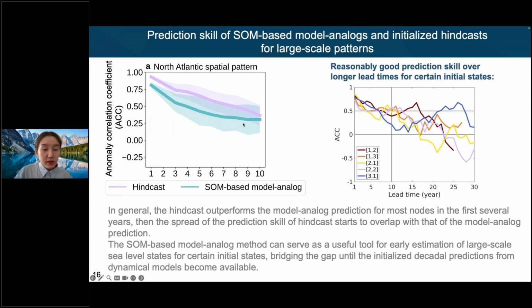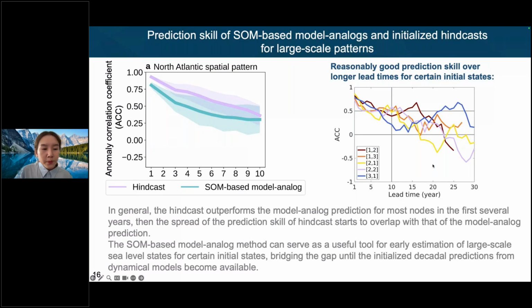Although the SOM-based model analog method does not perform as well as the decadal hindcast in general, there is still some advantage of this method, because it can provide reasonably good prediction skill over longer lead times for certain initial states. For example, this figure shows the ACC from lead time 1 year to 30 years. And as you can see, for some of these initial conditions, the method can actually provide reasonably good prediction skill.